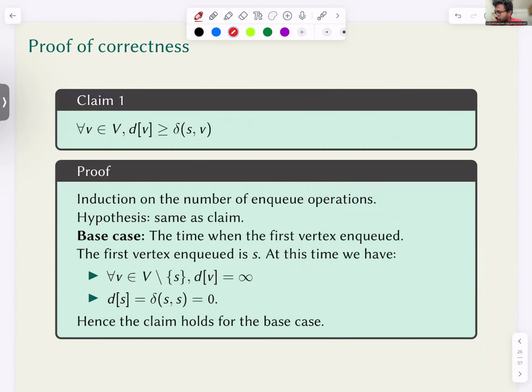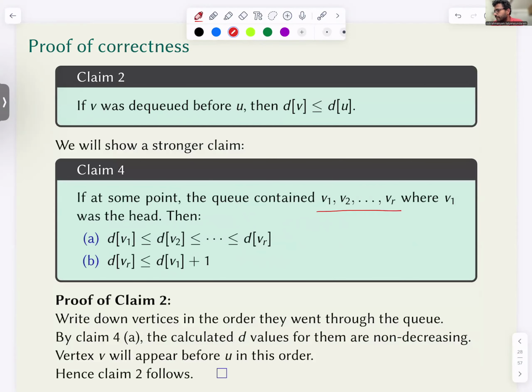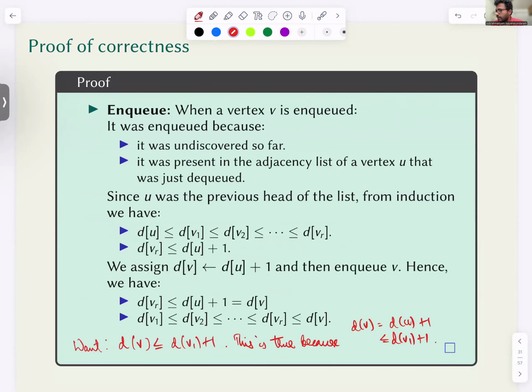And the running time is O of V plus E, assuming it is given in adjacency list format.